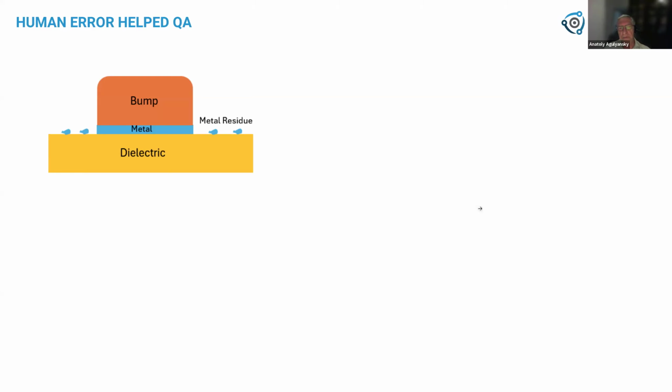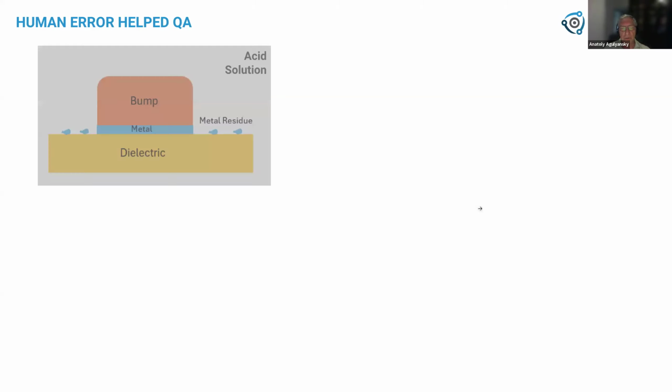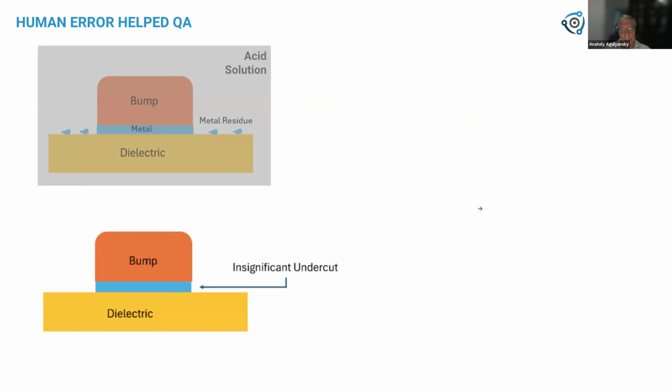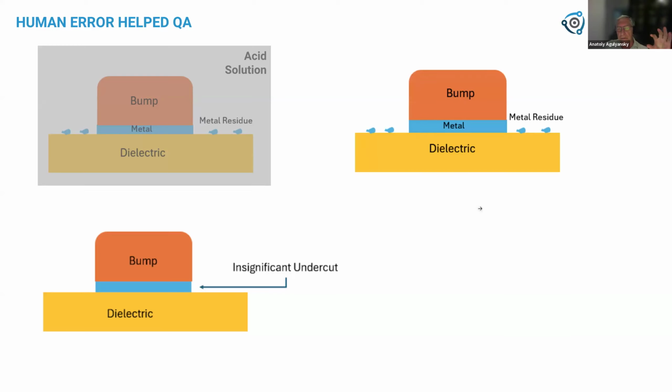And this metal between bumps is removed with plasma, but some residue remains, and this residue is removed by acid. And after removal of the residue, we have a very beautiful structure like this. No undercut. It's typically very small, not more than 20 nanometers, 50 nanometers.